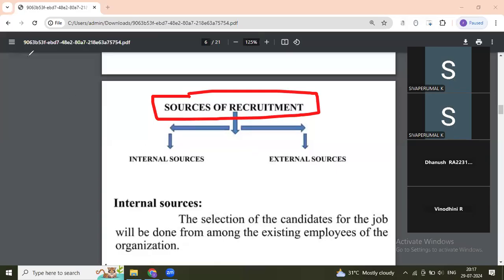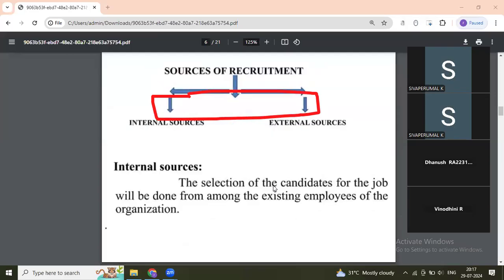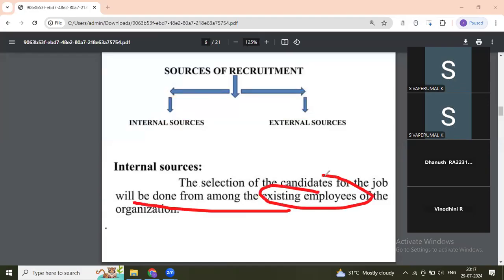Internal sources means the selection of candidates for the job will be done from among the existing employees of the organization. See what it says: it is done through existing employees who are already working in the company.